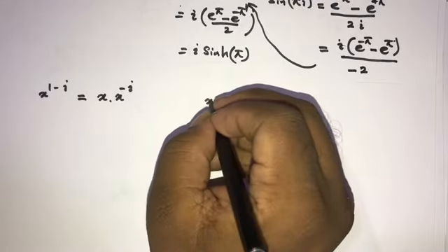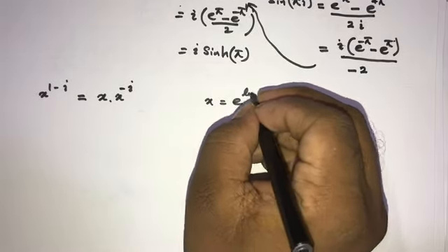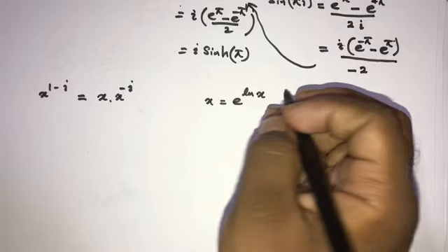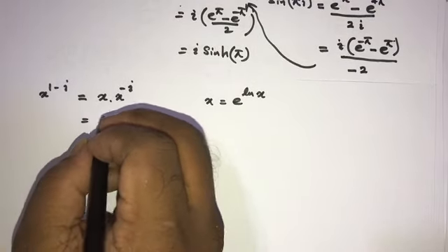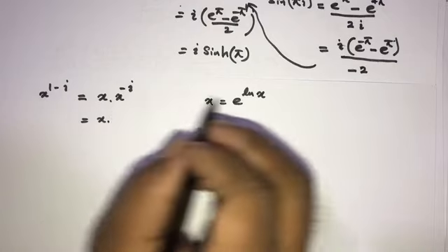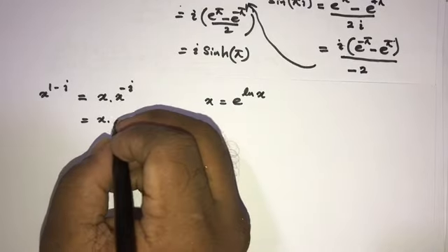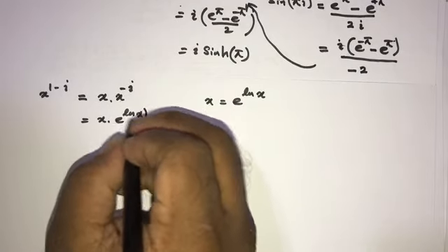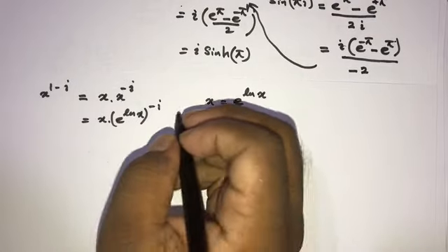Also we know x is equal to e to the natural log of x, so we can plug in here: x is equal to e to the natural log of x, to the minus i power.